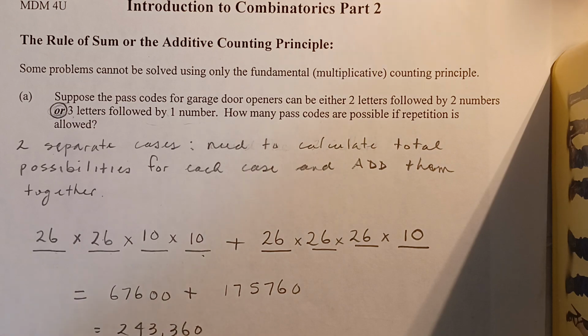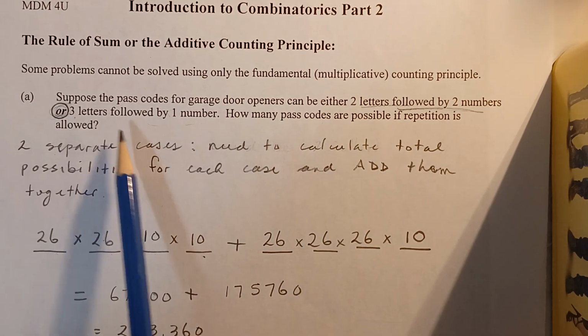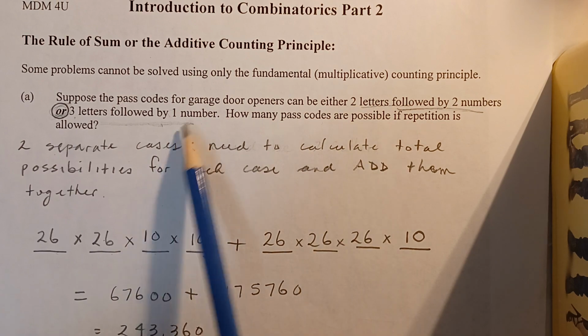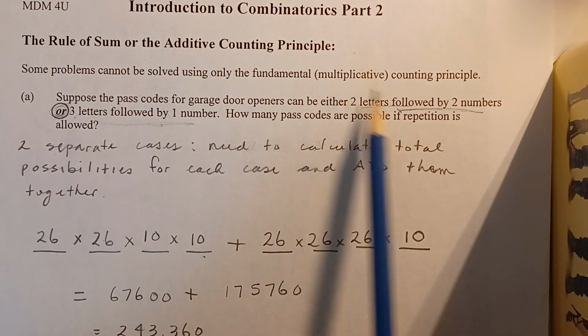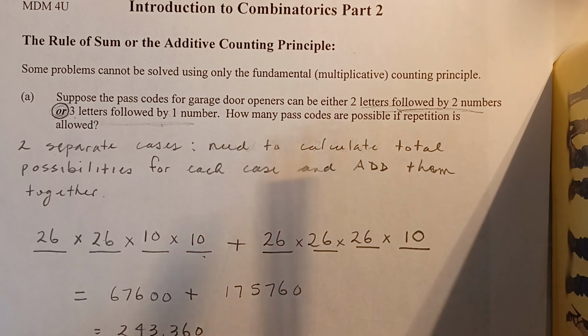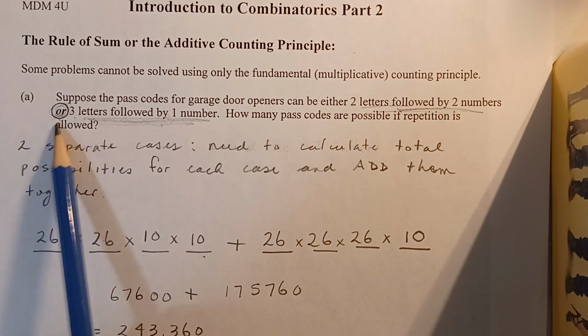We have 2 cases: 2 letters followed by 2 numbers, or 3 letters followed by 1 number. We find the number of possibilities for each situation and add them together.